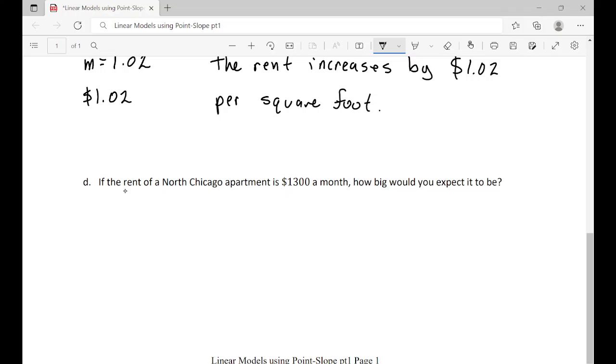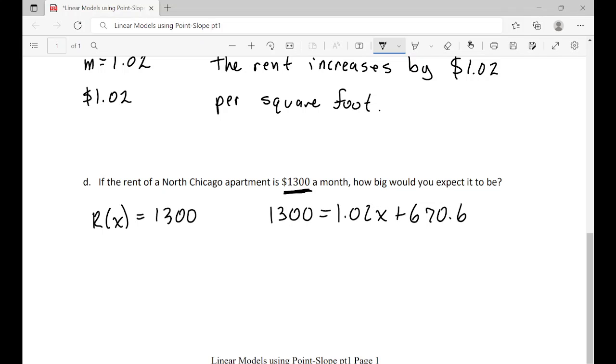Last, if the rent of a North Chicago apartment is $1,300 a month, how big would you expect it to be? So what would the square footage be? So we have 1,300, which is going to be our y value, or our r of x value. So we're just going to set our equation r of x equal to 1,300. So we're going to get 1,300 equals 1.02x plus 670.6.